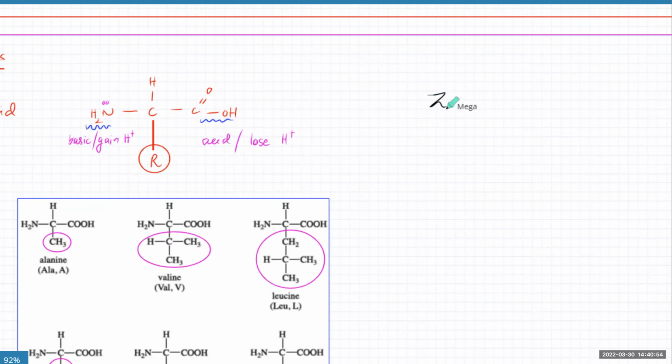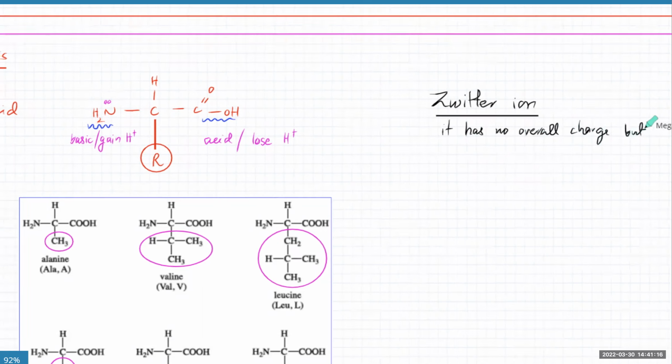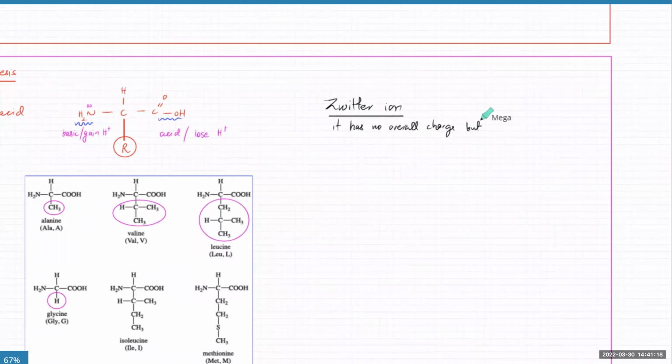So a zwitterion is an ion that has no overall charge, but it has regions of both positive and negative charges.